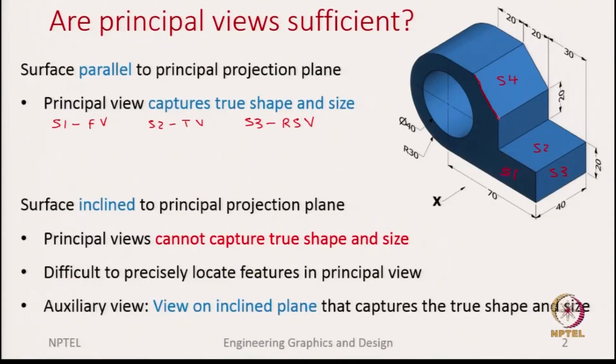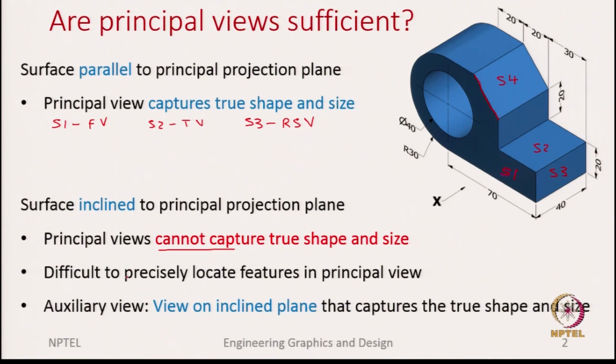The actual height of the object may not appear the same in the side view. Even in the top view, the size of this surface S4 will be foreshortened because it is an inclined surface. So, essentially what we are trying to say is, principal views cannot capture the true shape and size if we are talking about an inclined surface such as S4.